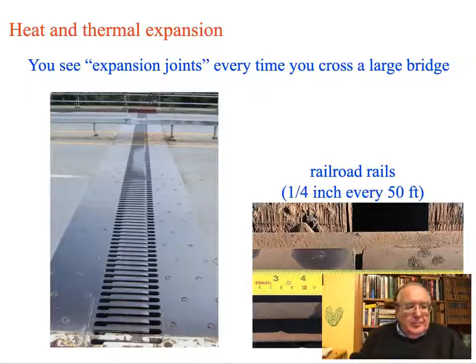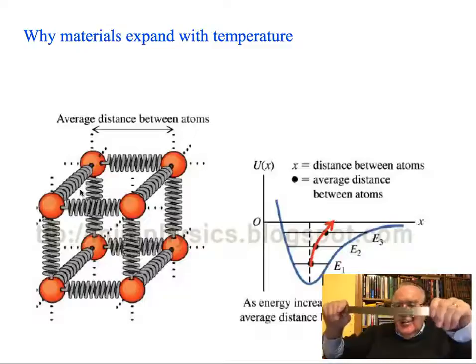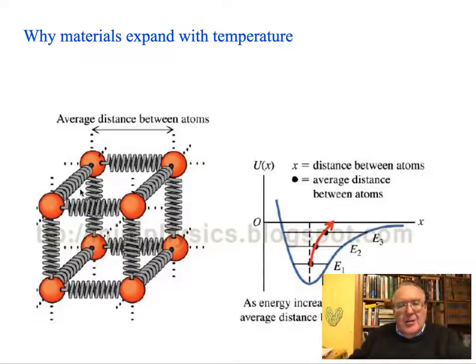Now, the reason for that, by the way, is the same reason we found that a ruler like this will flex up and down: the iron atoms are like connected by springs, and the average distance between the atoms depends upon the temperature.